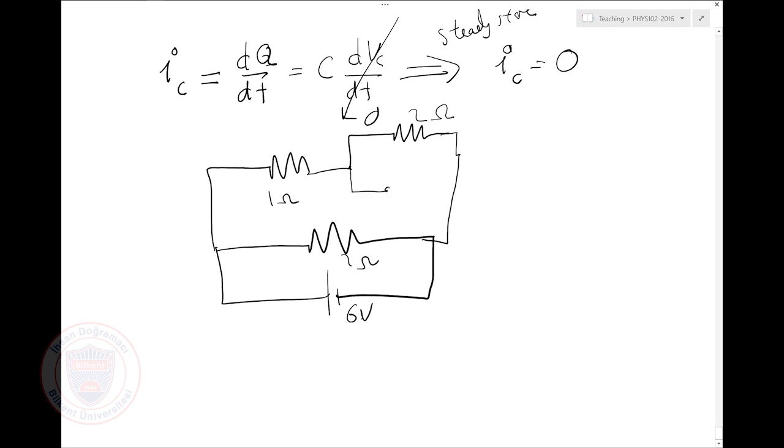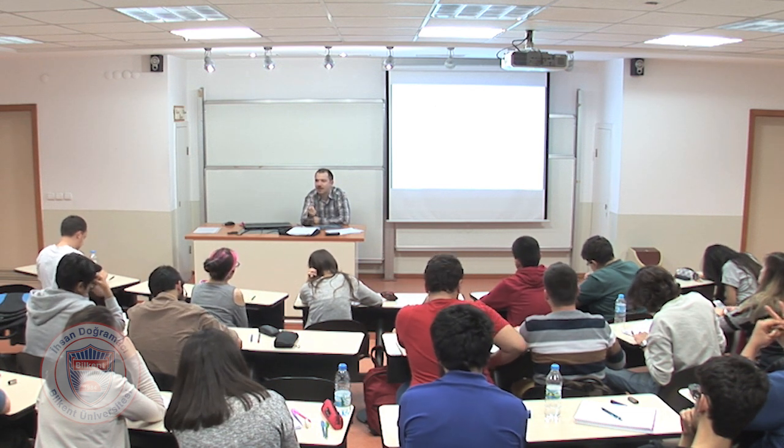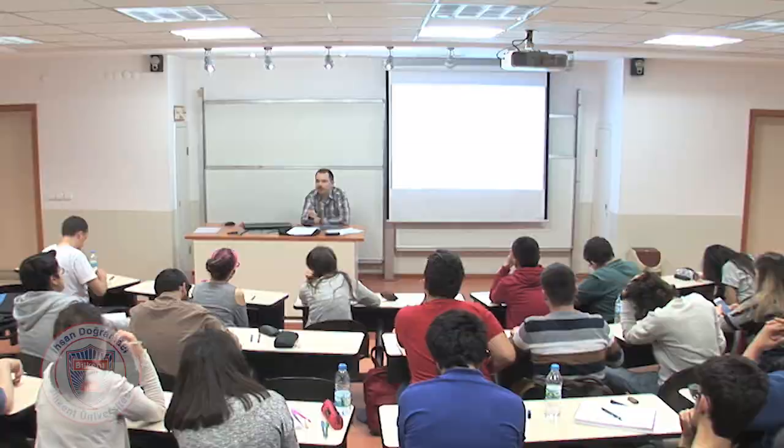But here, instead of the capacitor, just put an open circuit. Think of it as if it's cut, because no current is flowing at the steady state. So if I wait for a long enough time, capacitors turn into just open circuits.